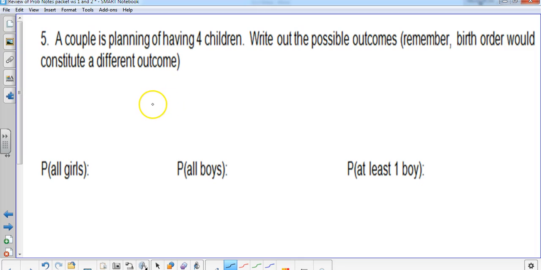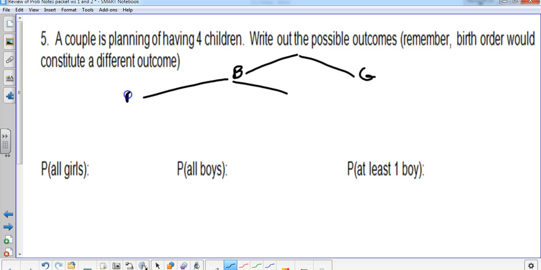Okay. A couple is planning on having 4 children. Write out the possible outcomes. Remember, birth order would constitute a different outcome. You could do a tree diagram, but I'm not sure it's going to be any better to go this way. They could have a boy or a girl. If they had a boy first, then they could have a boy or a girl.